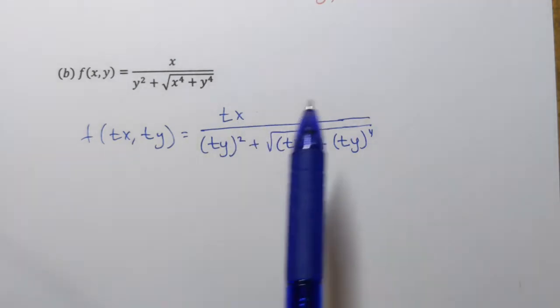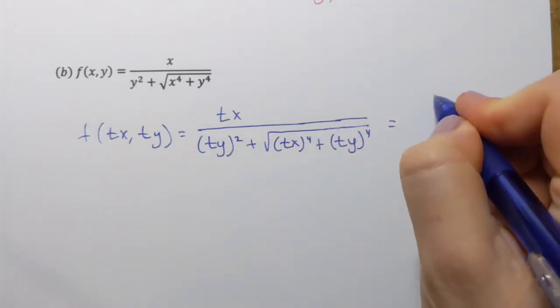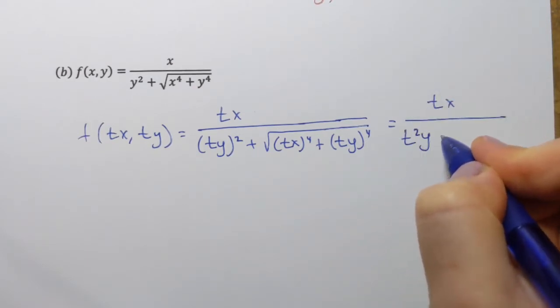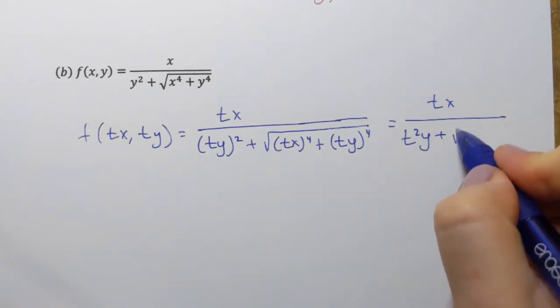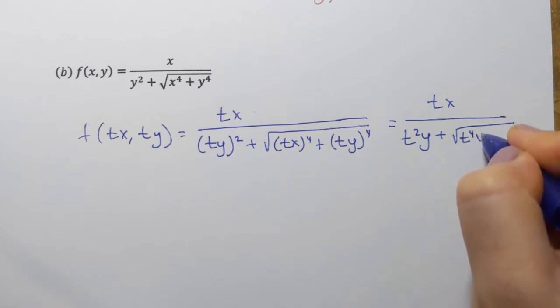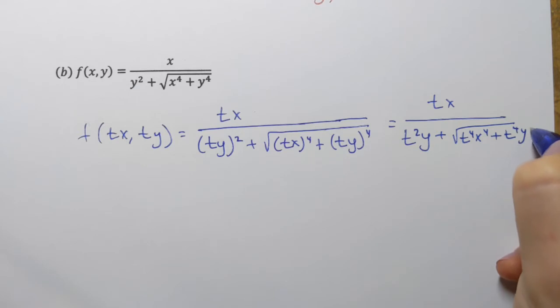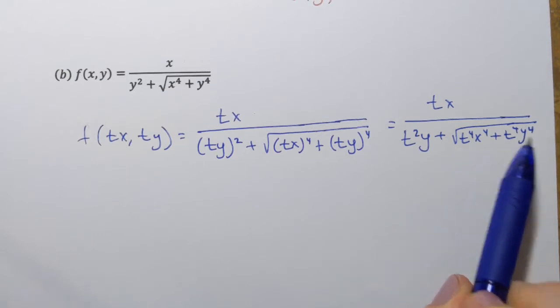So for that, I need to perform some algebraic manipulations. What can I do? So first of all, I'm going to write t squared y squared in the denominator. Now here, inside the radical, first I'm also going to clear all the parentheses. So I'm writing everything to the fourth power. And I can see that inside the radical, I can factor out t to the fourth power.